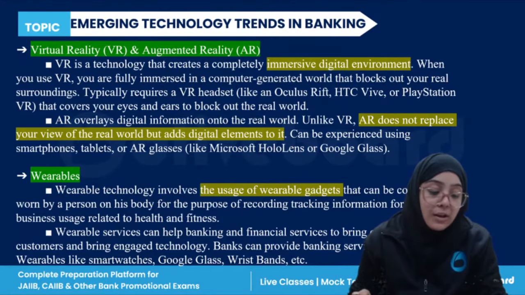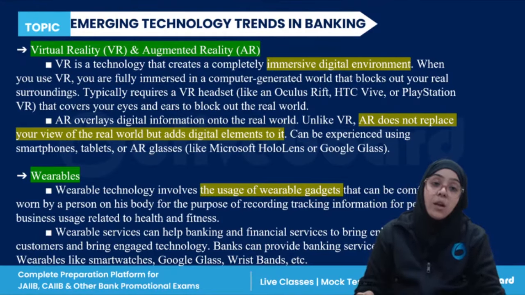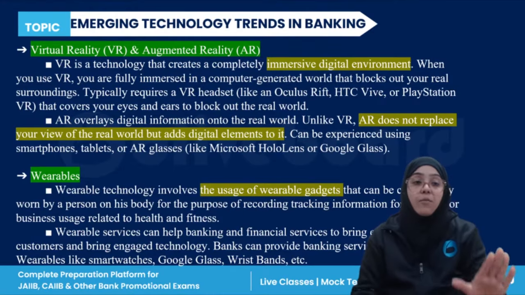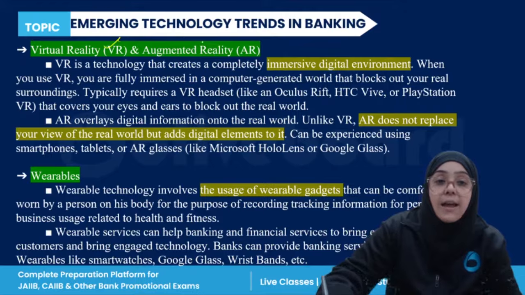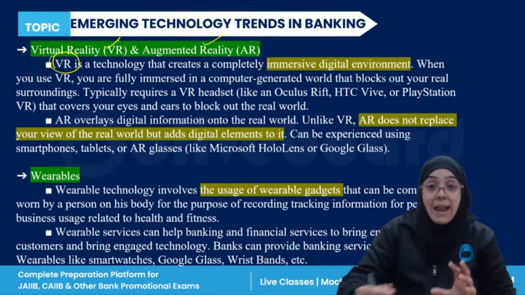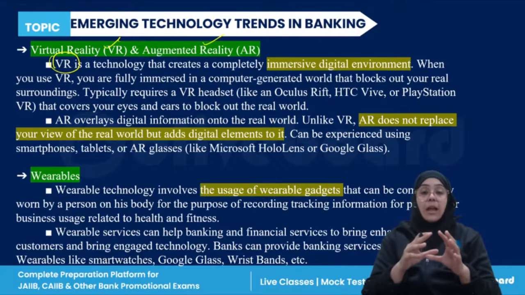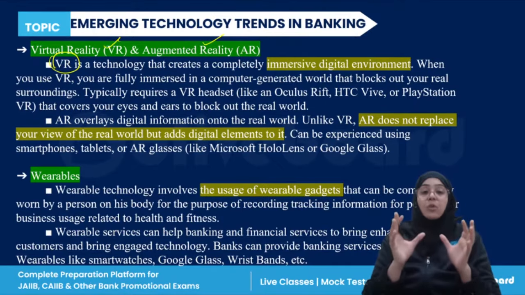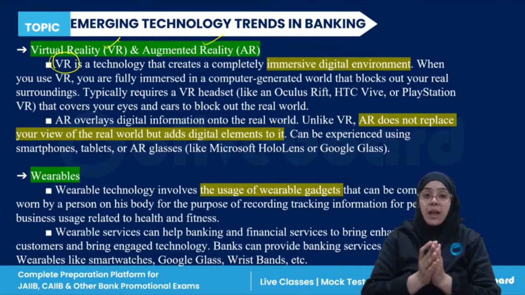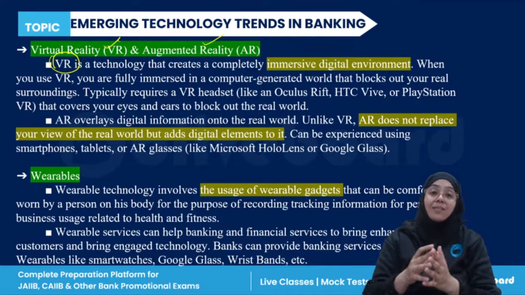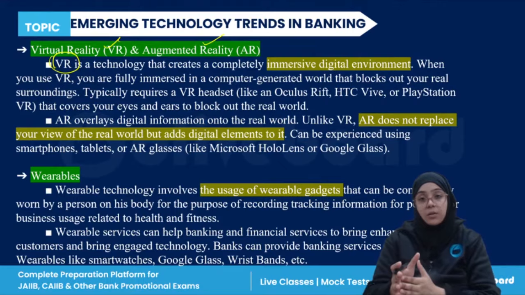Different types of emerging technologies in the banking environment. First, there is virtual reality and augmented reality. Virtual reality is when the normal environment or real surroundings are blocked out, and you experience what is shown on your computer.